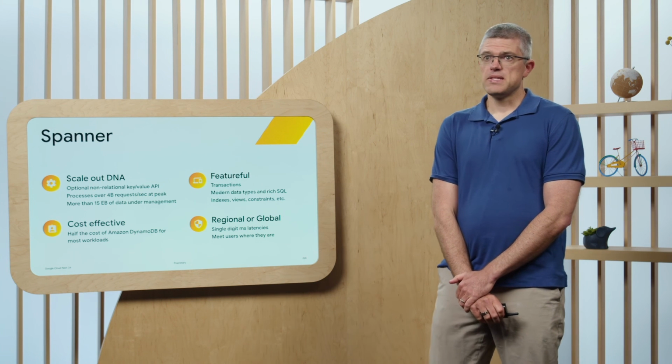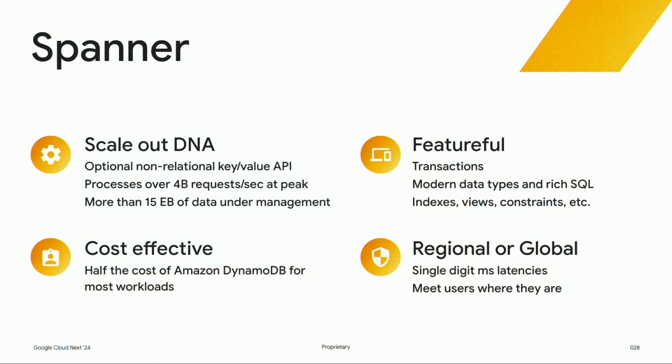Our final database in the scale-out non-relational category is Spanner. We of course saw Spanner earlier when we were talking about relational databases, but Spanner is excellent in traditional non-relational use cases as well. We've been working on Spanner at Google for 15 years. Our goal was to combine the scale, latency, and cost profile needed to serve key-value workloads with the higher-level capabilities and developer productivity of a relational database.